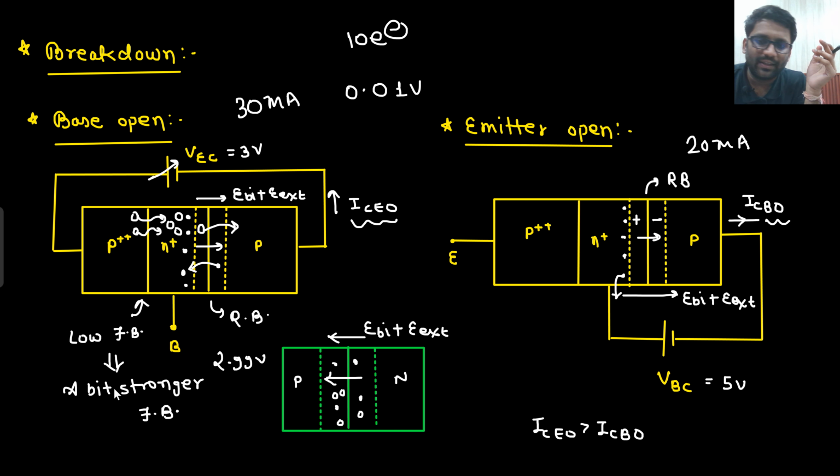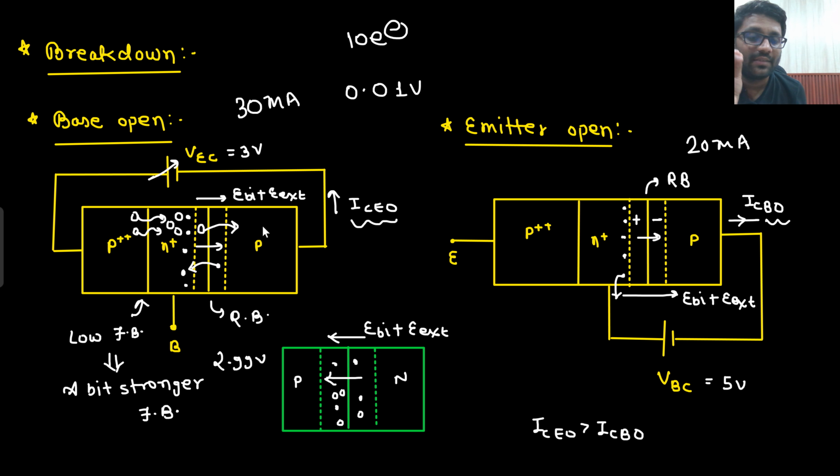What you will remember is that in the case of open base, the breakdown voltage will be lower than in the case of open emitter. Why is the breakdown voltage lower? Because breakdown would occur at the lower potential. You will say that the reason is this current, but this current is not the reason.